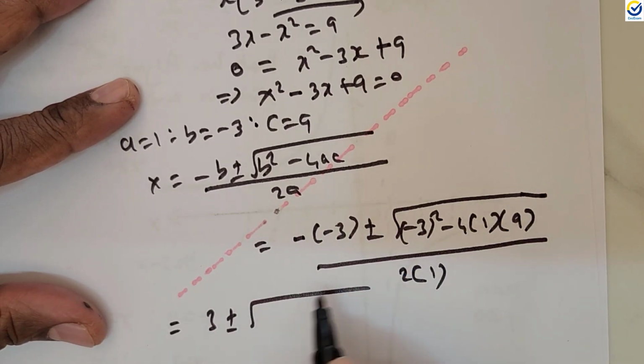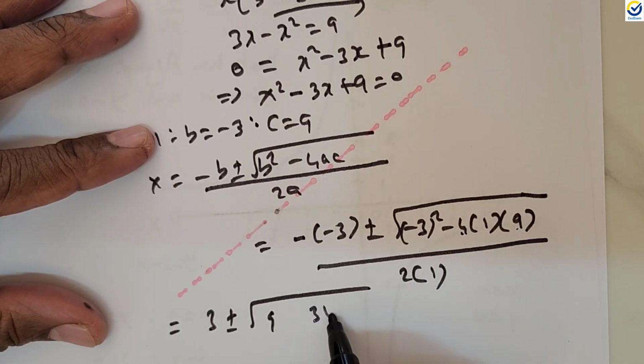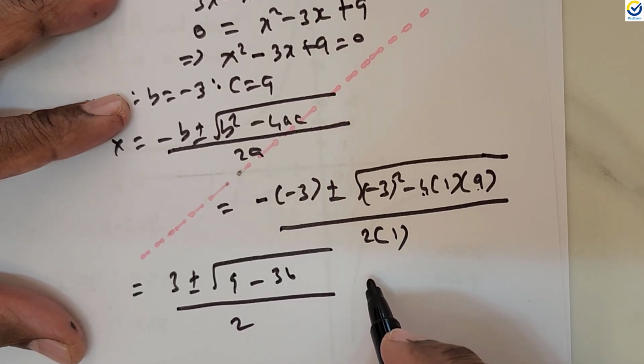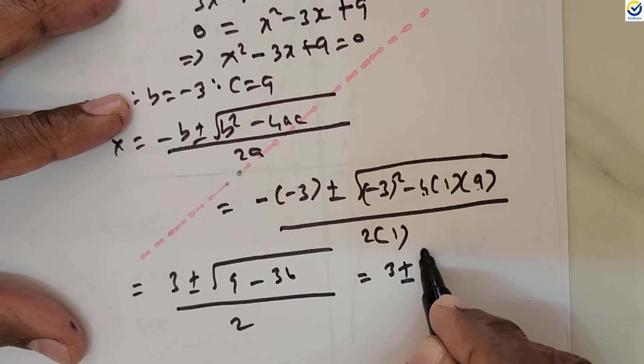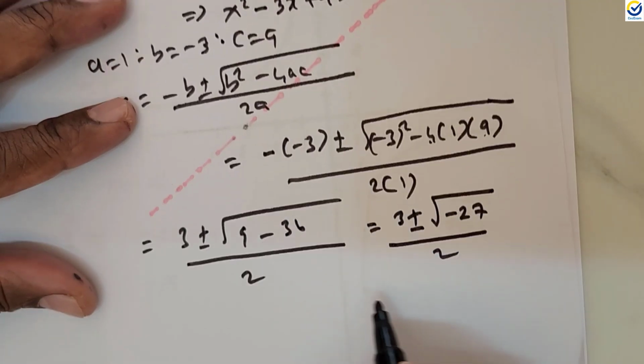This is 3 ± √(3 squared is 9, 4 times 9 is 36, you have a negative sign), divided by 2. So this gives me 3 ± √(-27) divided by 2.